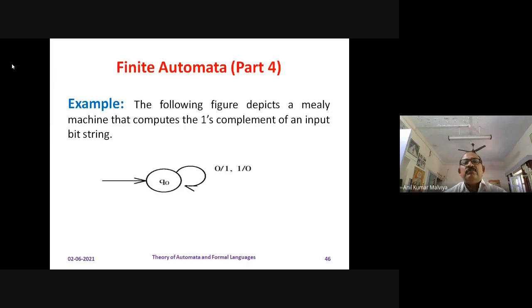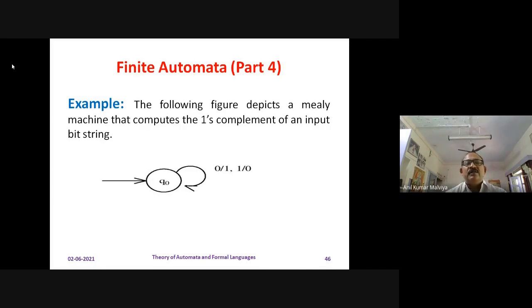Here I am giving one example of a Mealy machine. Suppose we want to compute the ones complement of input string. Input is given, suppose 0, 1, 1, 1, and we want to take the ones complement of the binary inputs.